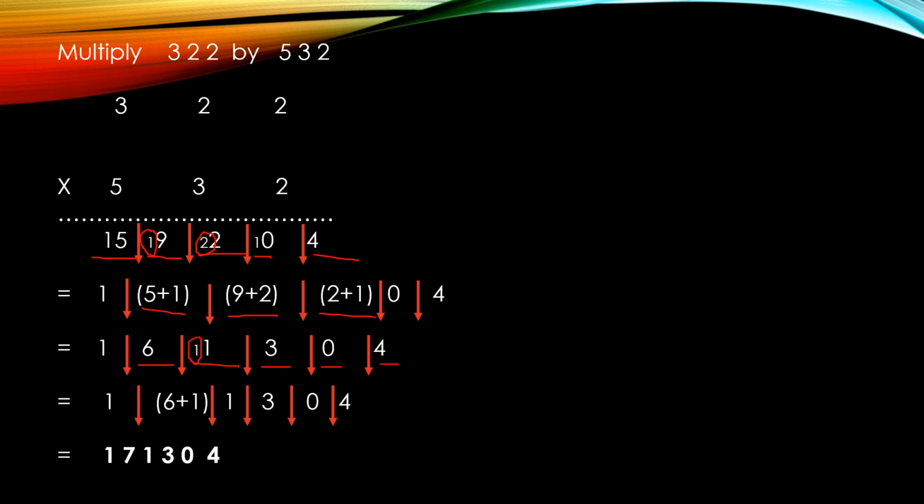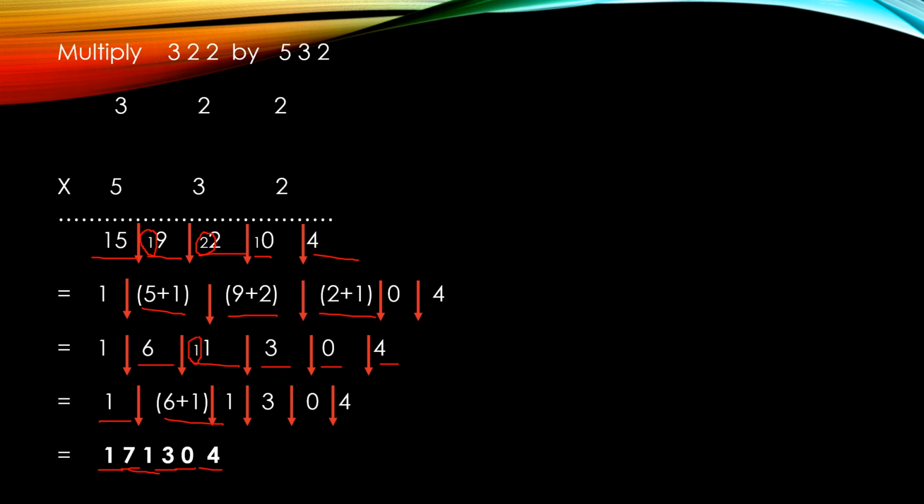Now we add carryover 1 with 6. 6 plus 1, we get the number 7. Write down 7. Then write down 1, then 3, 0, and 4.